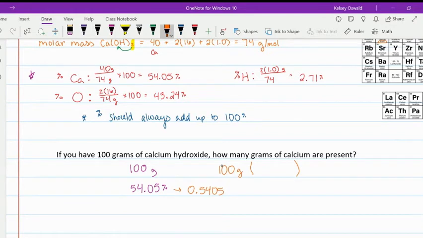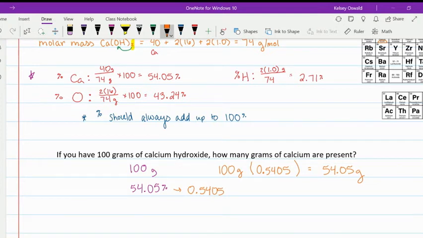That means if, of that 100 grams, 54% is calcium, we would end up with 54.05 grams. And we notice we have that nice number because we're looking at 100 grams.